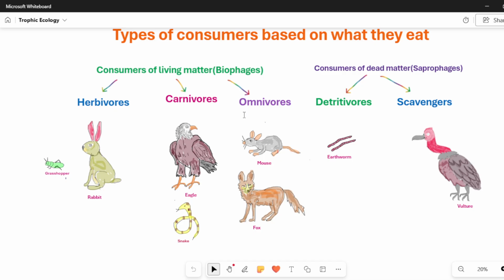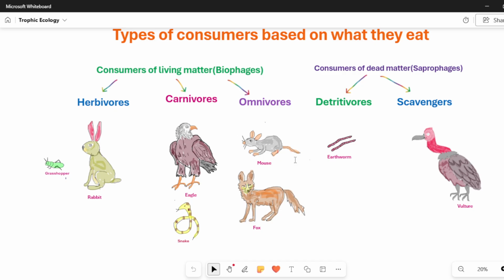The last category is omnivores. These eat both plants as well as meat. For example, the fox eats rabbit as well as plants. So, this is an omnivore.